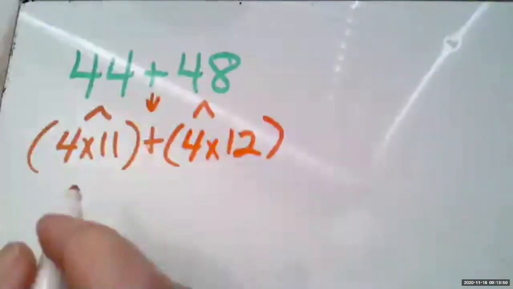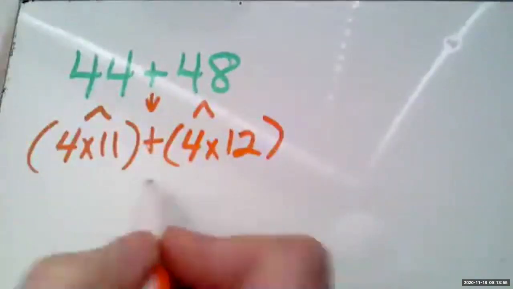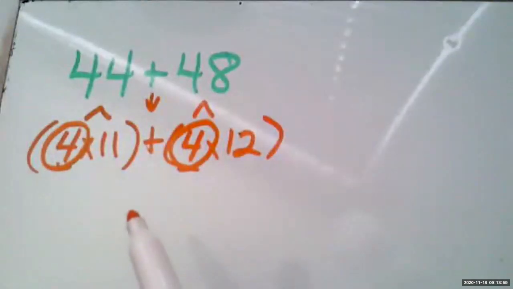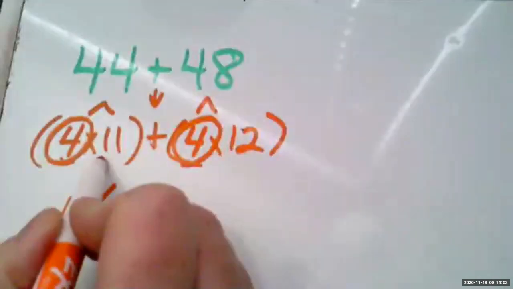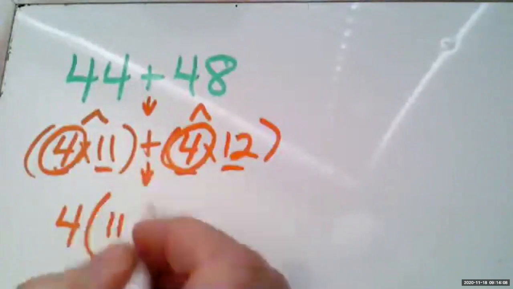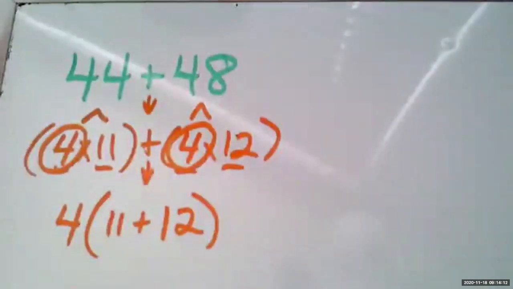Yes, 4 times 12. So Isabella, the 4 is actually the greatest common factor, because both 44 and 48 have a 4 in it. So I'm going to take out the 4 and distribute that amongst the rest of the numbers. You have 4 times 11 and a plus sign, you have a 4 times 12.